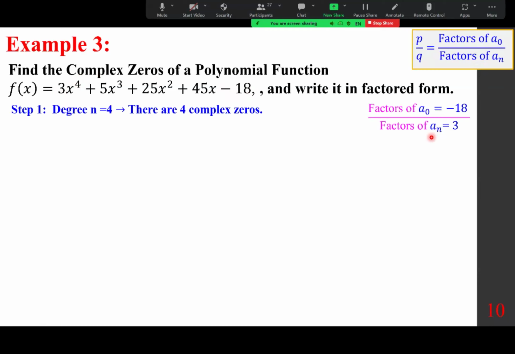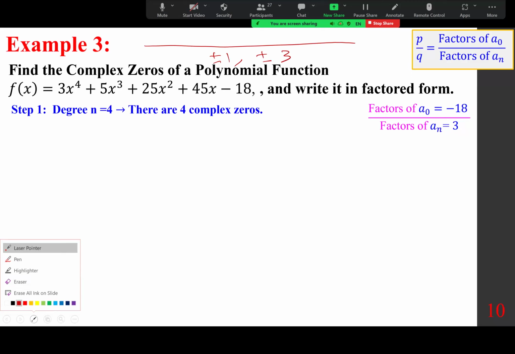Okay. And so factors of 3 are plus minus 1 and plus minus 3. So let's just write them actually. The bottom is plus minus 1, plus minus 3. That's for number 3. For 18, negative 18 or 18.